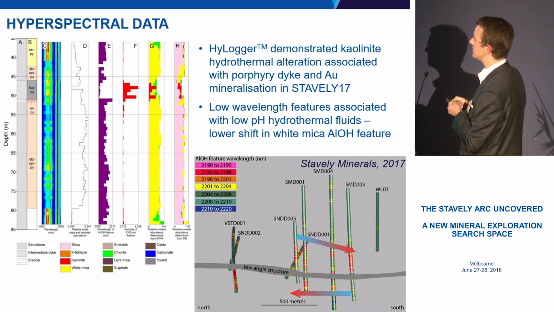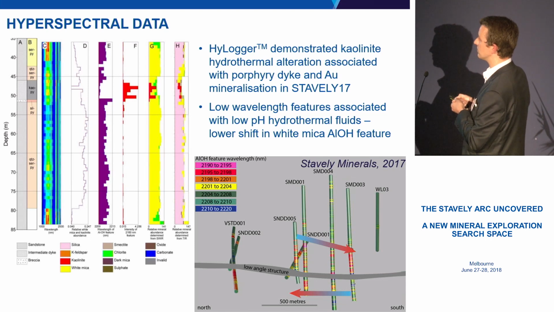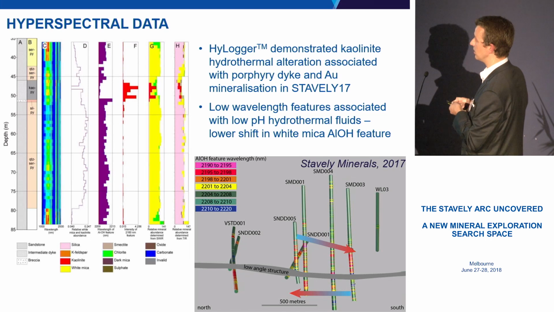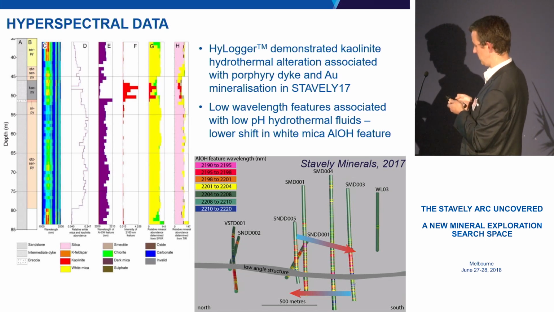And we see here that it's identified kaolinite pyrite alteration, so advanced argillic alteration associated with a small porphyry dike. And as well, as we step away, there's a lot of quartz sericite pyrite and sericite pyrite alteration both above and below the dike and the mineralisation. And Stavely Minerals have obviously used that as an exploration targeting vector.